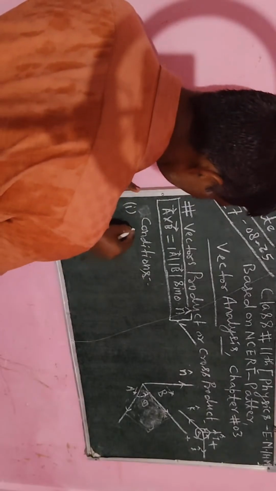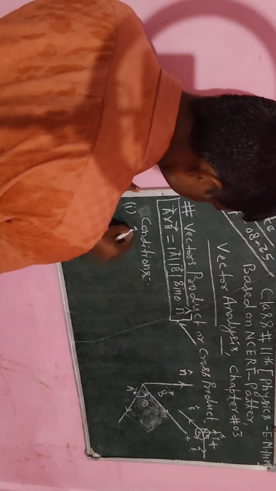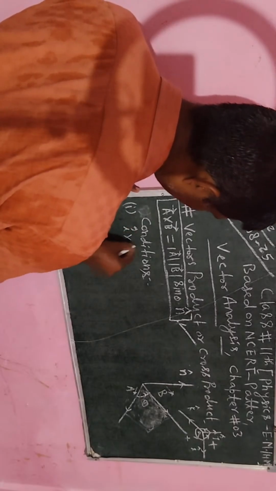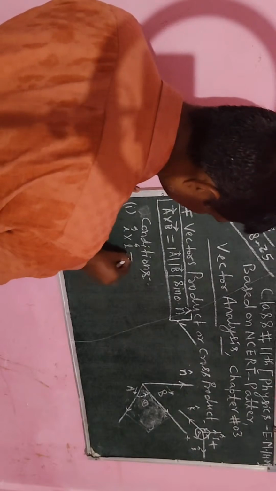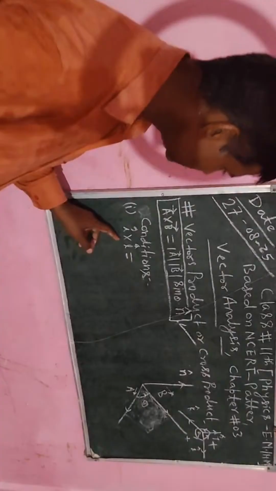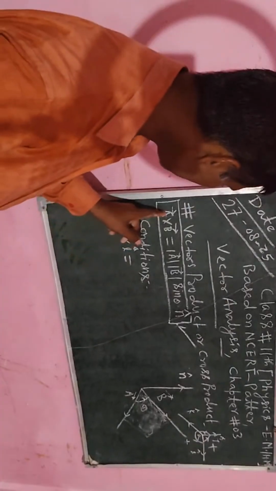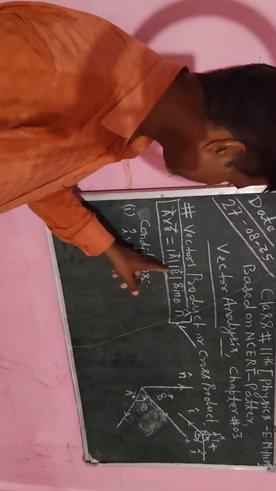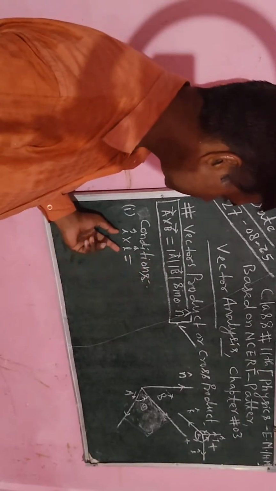If I take I cross I, vector I cap into vector I cap, here I will say its value will be 0. Because I cross I means magnitude of I into magnitude of I into sin of the angle between these two vectors.